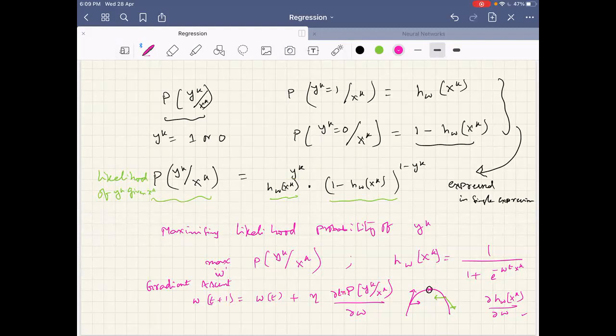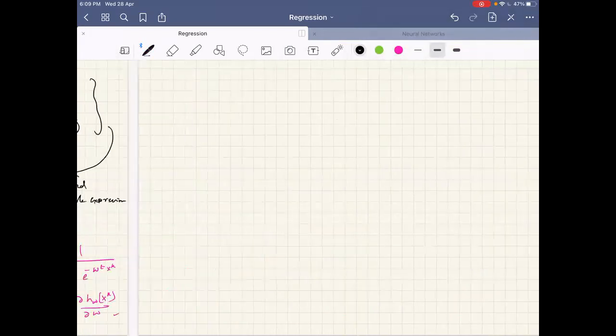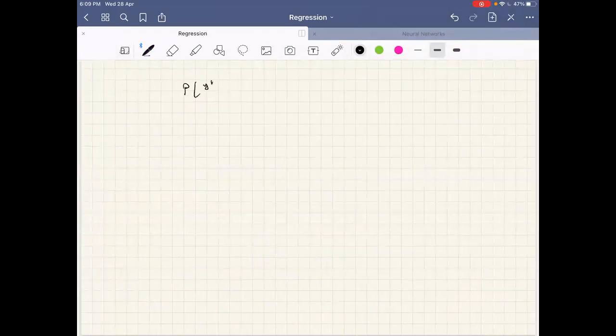Because as we know, log is a monotonic function, if p of yk given xk is maximized, then ln of p of yk given xk is also maximized. So both have the same maximum point, and thus we can use ln of p of yk given xk for the optimization process.